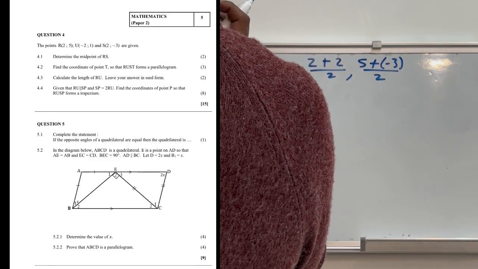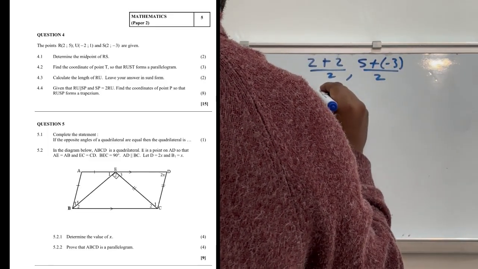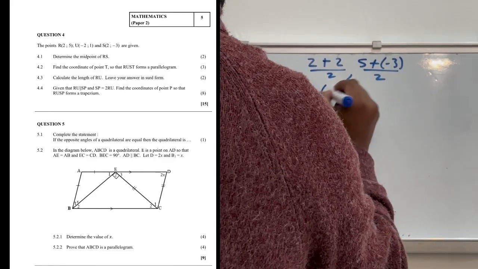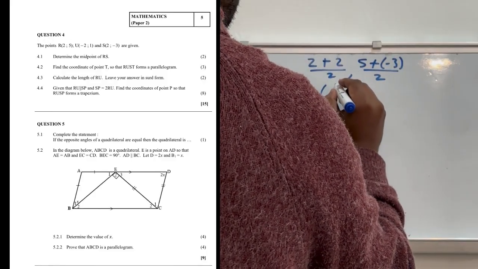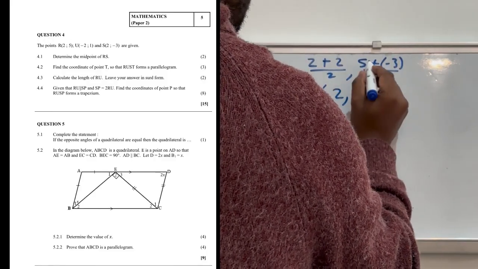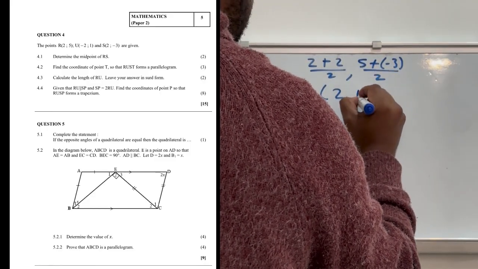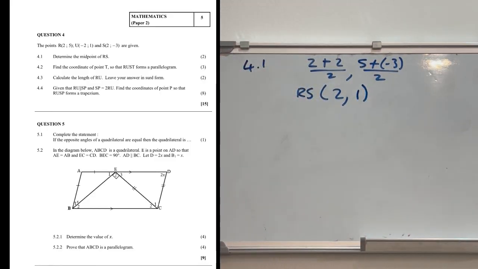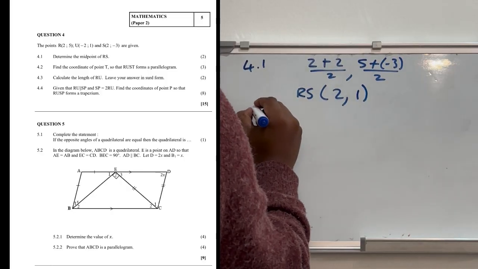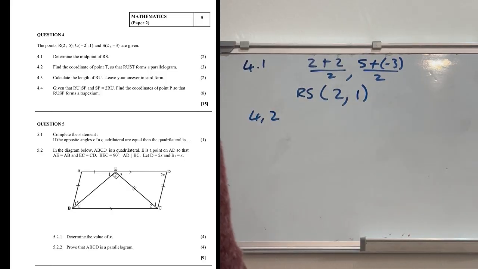Okay, so then the midpoint is 2 plus 2 is 4, divided by 2 is 2, and 5 plus minus 3 is 2, over 2 is 1, so R is 2 and 1, okay.